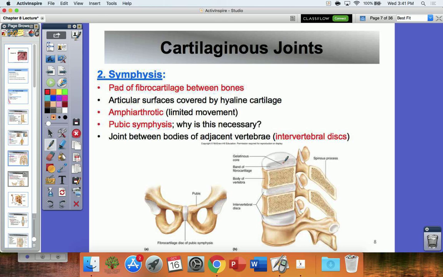If that happens, it could possibly pinch a nerve, because remember, our spinal cord is going through the vertebral foramen here, and that could cause pinching of nerves that are coming from the spine. And so there is, again, very limited movement so that we can move about with our spine, but very, very, very limited will be our symphysis joints.